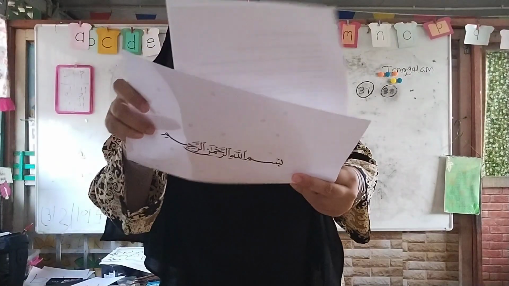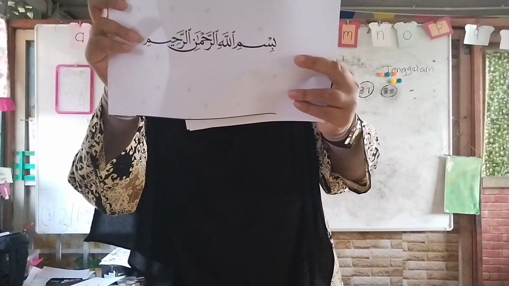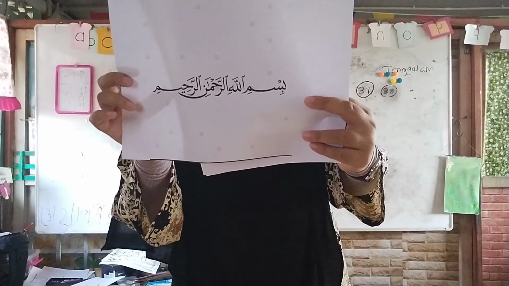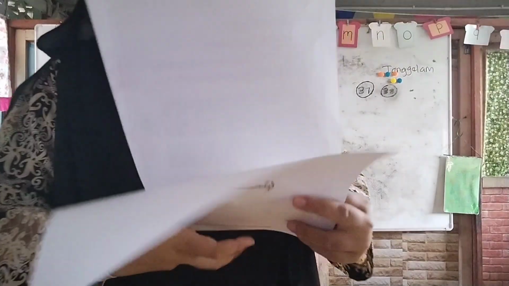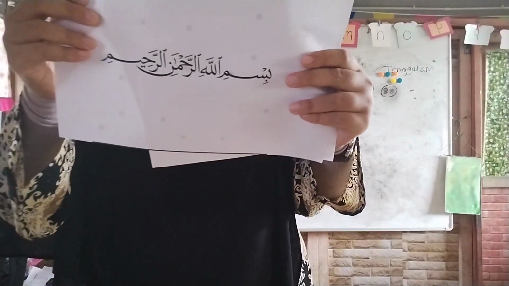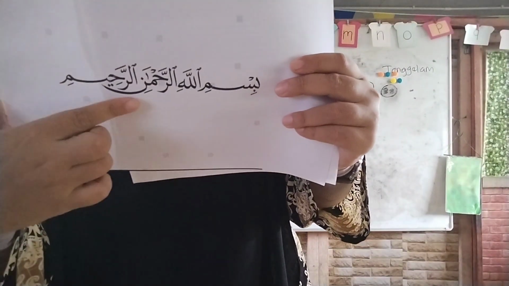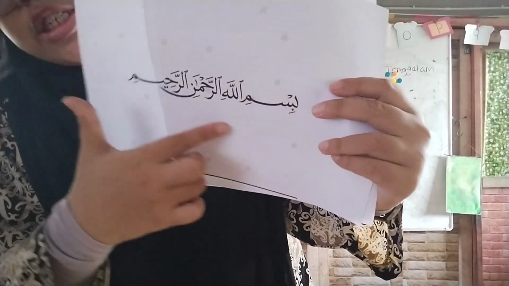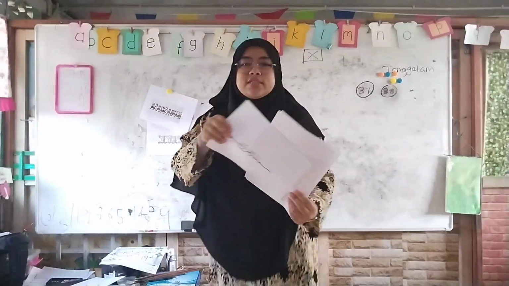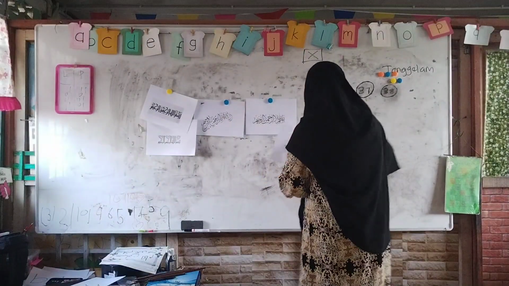NASIR calligraphy is characterized by its horizontal lines and short vertical lines, as well as its round and curving shapes. Okay, this is the example of NASIR calligraphy.